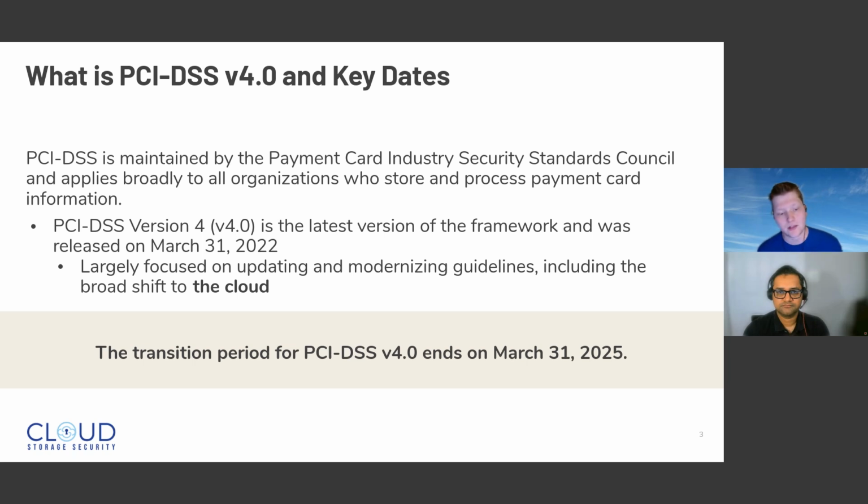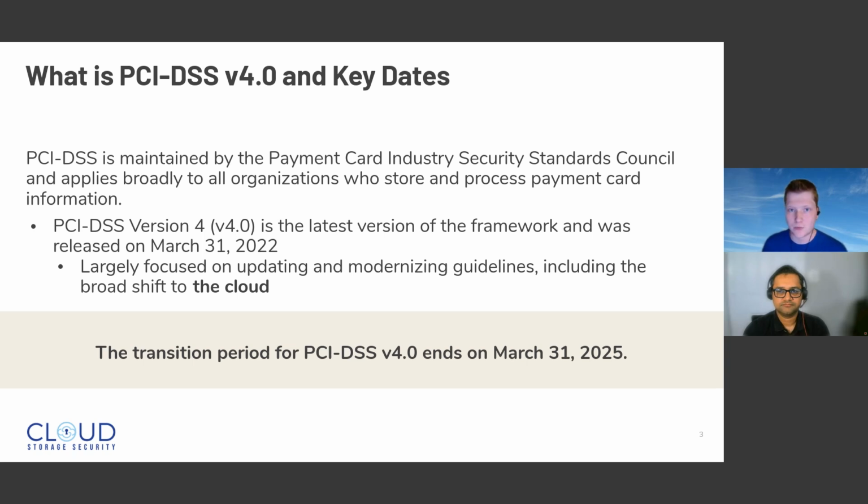The purpose of this was to update and modernize the guidelines, including the vast shift over to the cloud. Services like AWS, or Amazon Web Services, are becoming the basis for a lot of organizations building new applications. And so they wanted to make sure that everything in this new technology was appropriately covered.